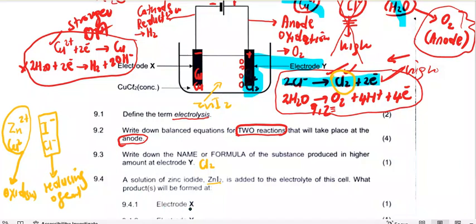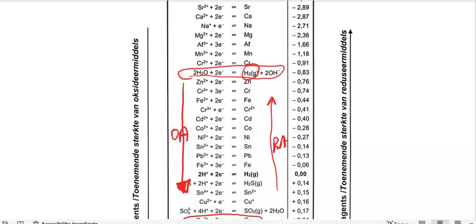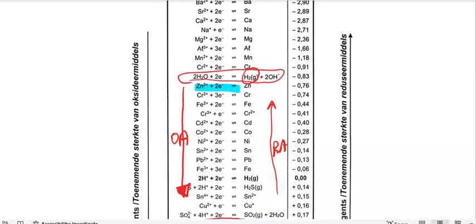Let's start with X: what will happen at X, and what product will come out? The product that will be formed at X is either Zn or Cu. Let's look at which one is a stronger oxidizing agent in the table. Here is Zn, and down here there is Cu. Which one is a stronger reducing agent?